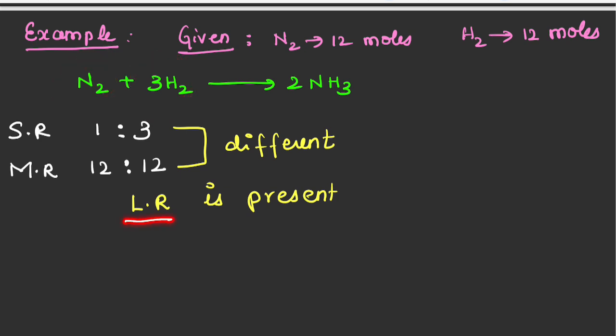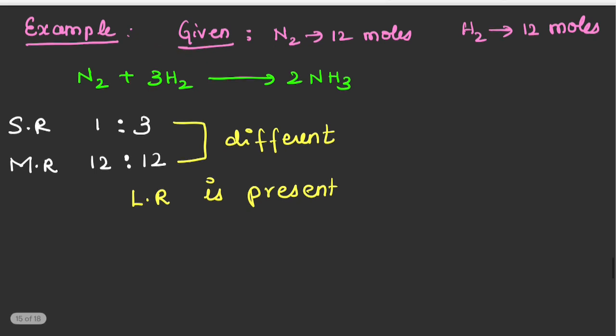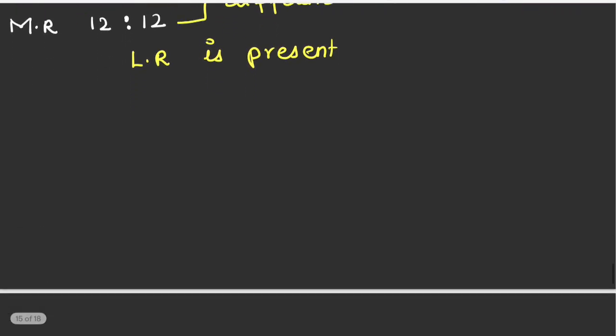Now we said that limiting reagent is present. Next we have to find which is the limiting reagent, whether nitrogen or hydrogen is the limiting reagent. For that we have a method. The equation is nitrogen and 3 times H2.